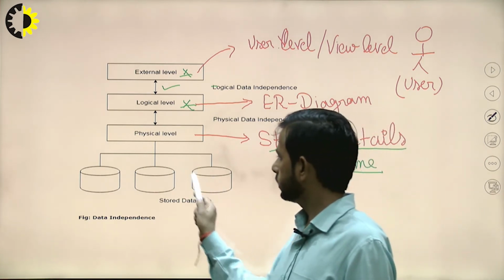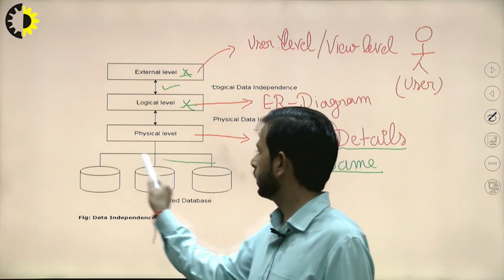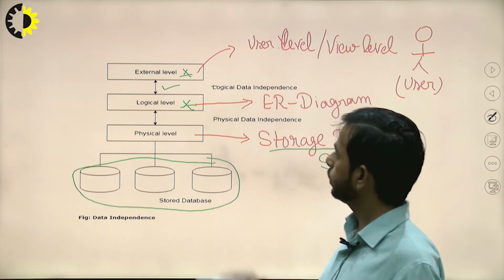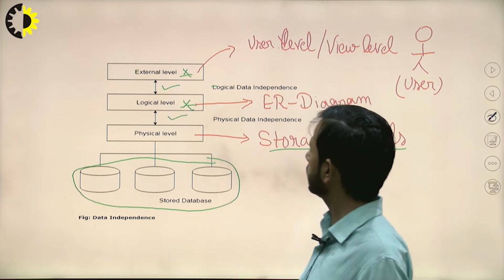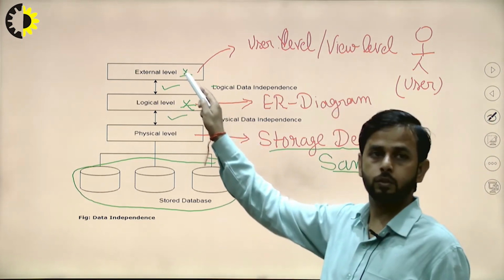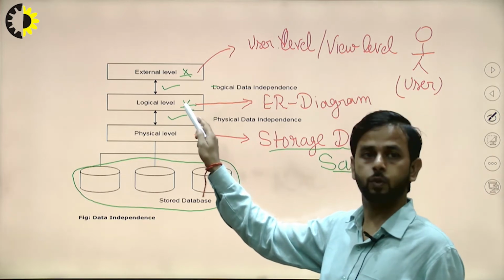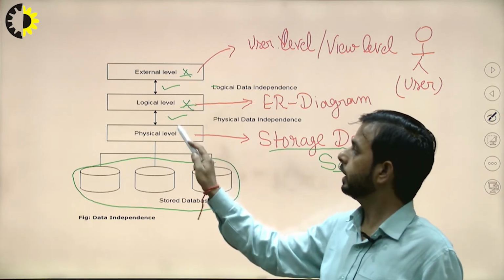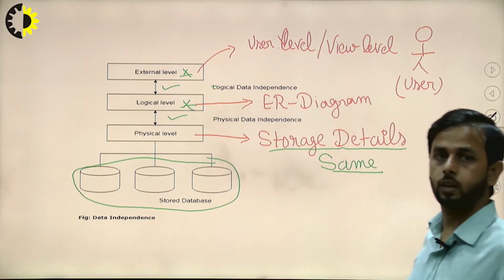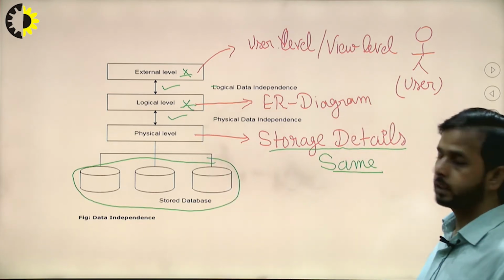In the last, this is the stored database. This is known as physical data independence. So logical level modification is independent of the external level, and physical level modification is independent of the logical level. So this is data independence.